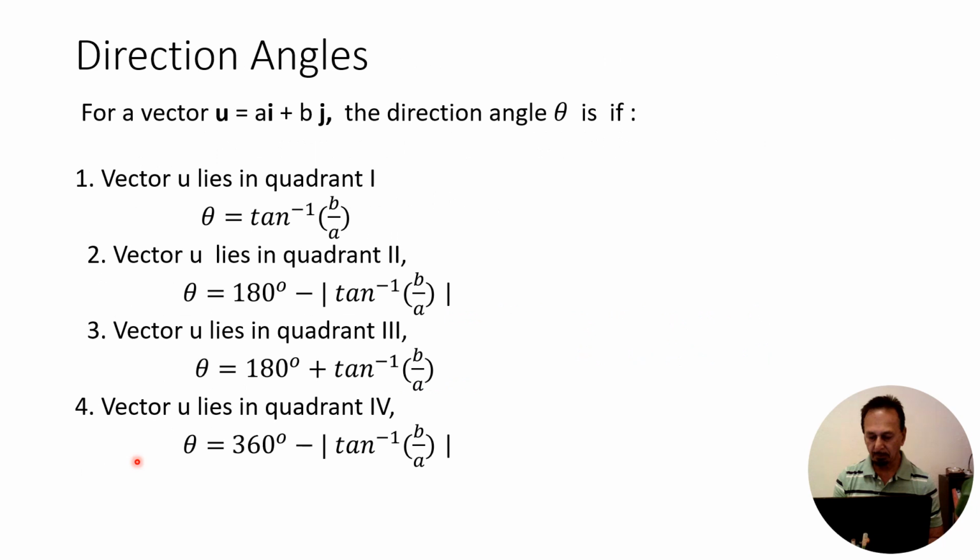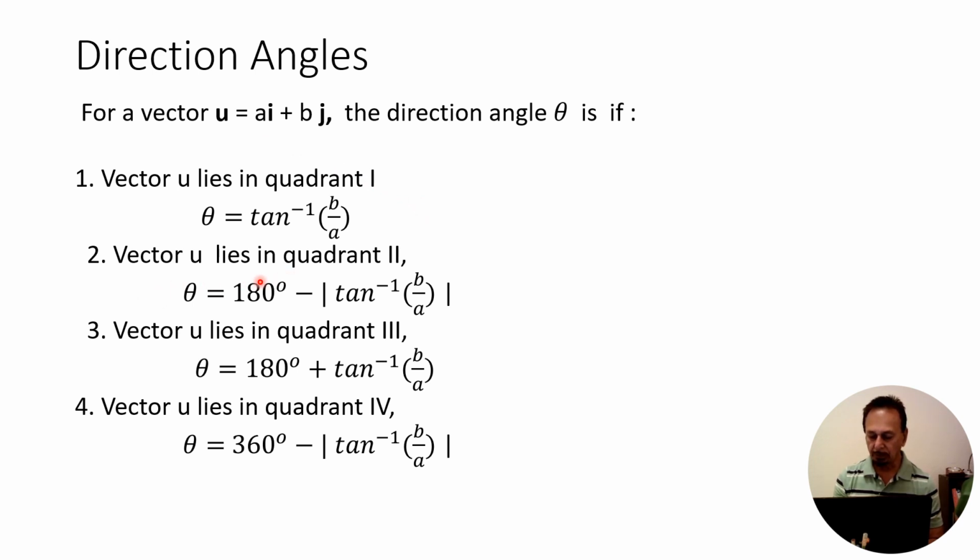Next is direction angles. For a vector u written as a linear combination of unit vectors i and j, the direction angle theta is given by this. If vector u lies in quadrant 1, then the direction angle theta is tangent inverse of b over a; in other words, the second component divided by the first component.